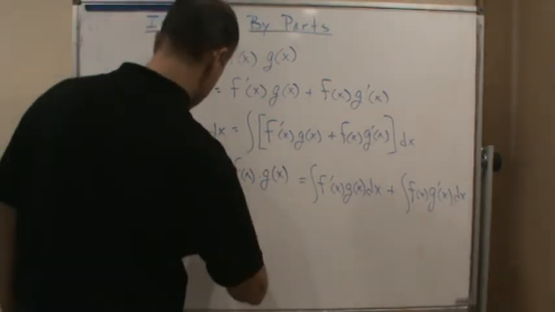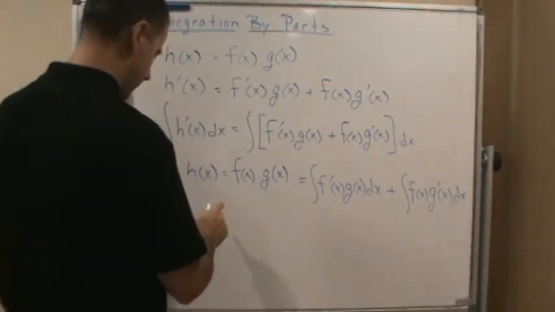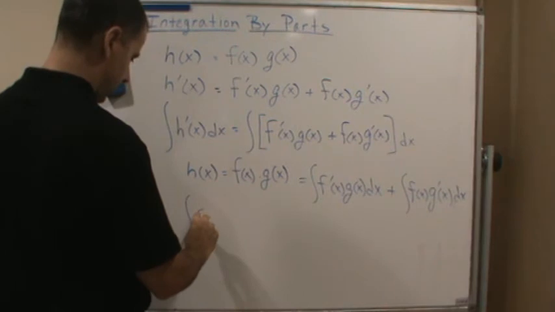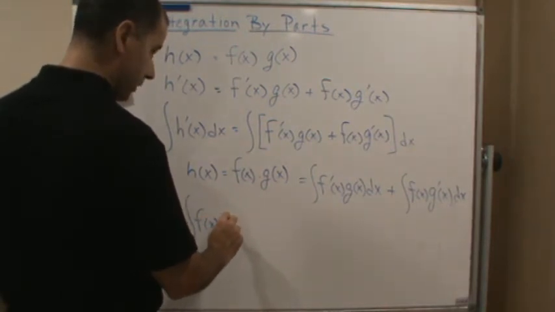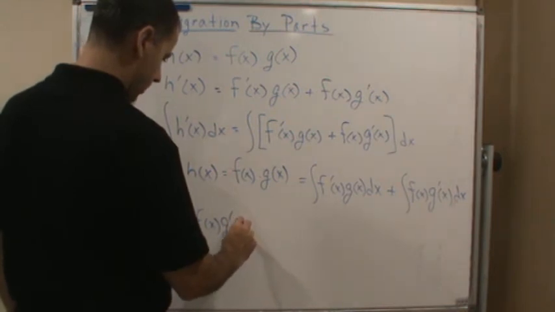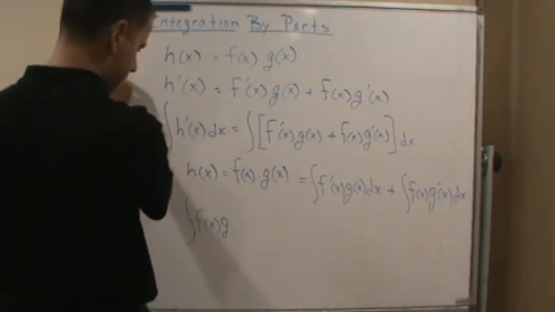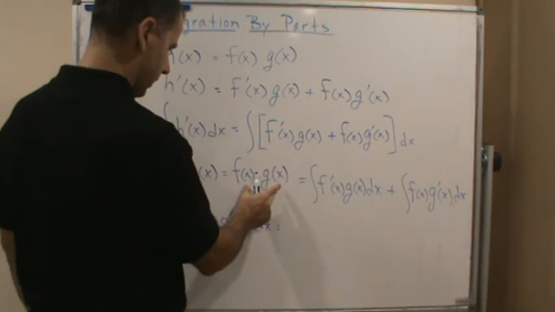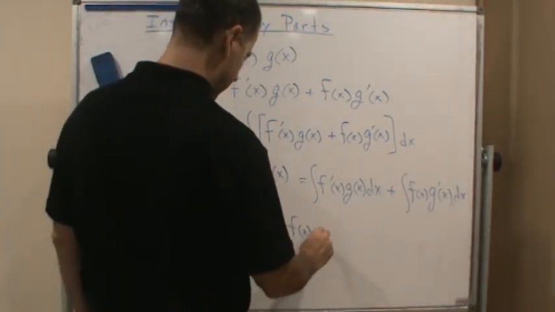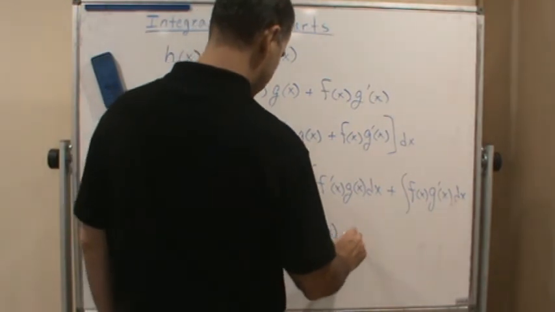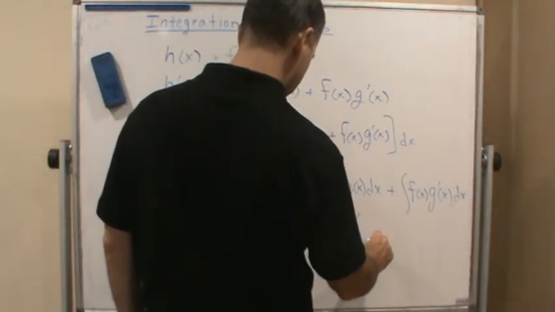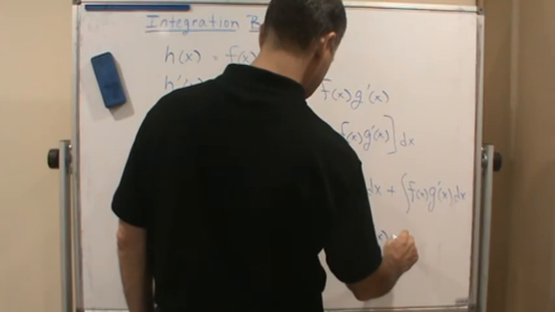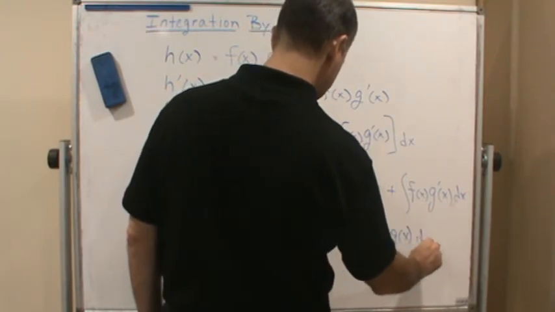I'm going to subtract off this piece. So I'm going to get the integral of f of x g prime of x dx equals f of x times g of x minus the integral of f prime of x g of x dx.